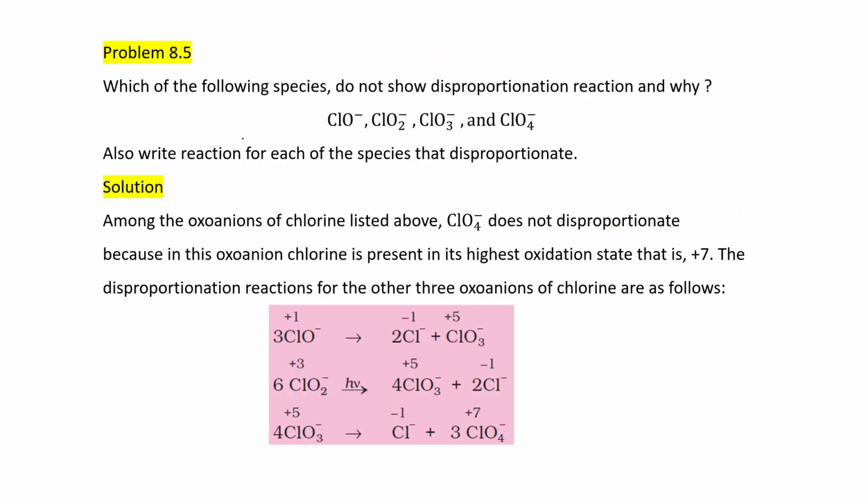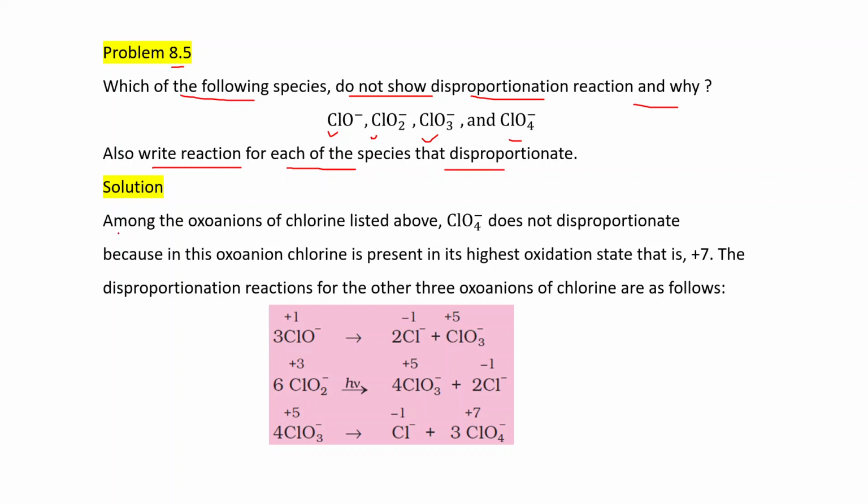Now let us see one question, problem 8.5. Which of the following species do not show disproportionation reaction and why? ClO minus, ClO2 minus, ClO3 minus, and ClO4 minus. Also write the reaction for each of the species that disproportionate.